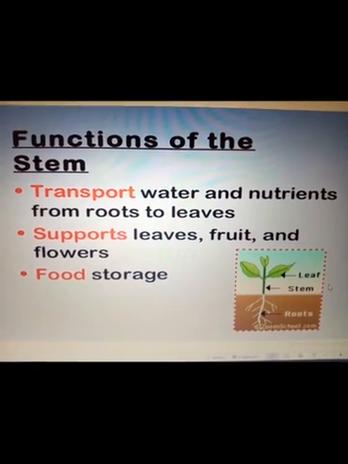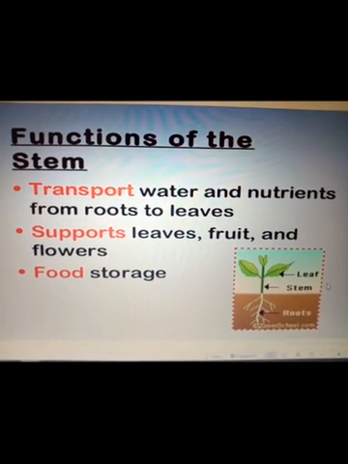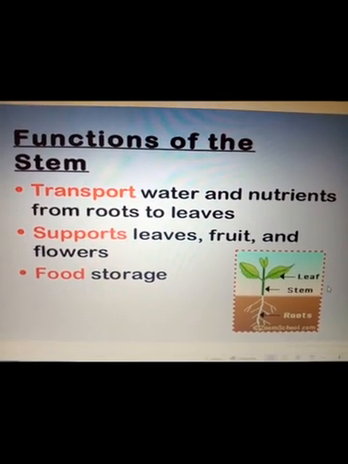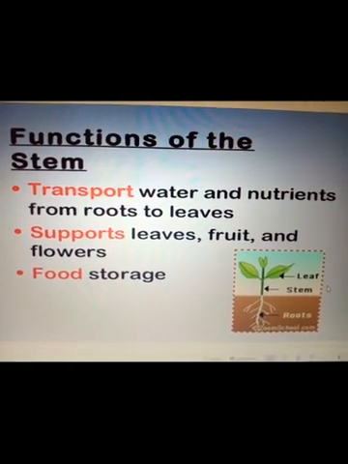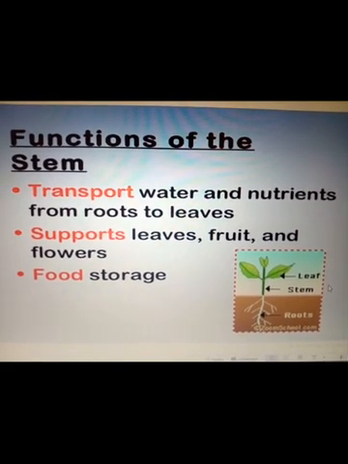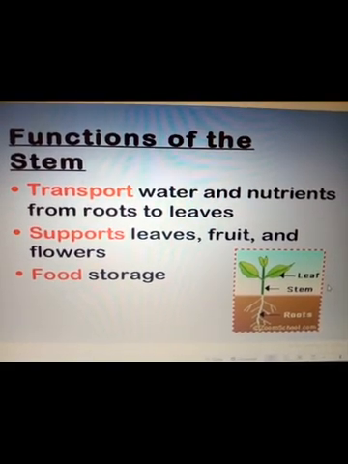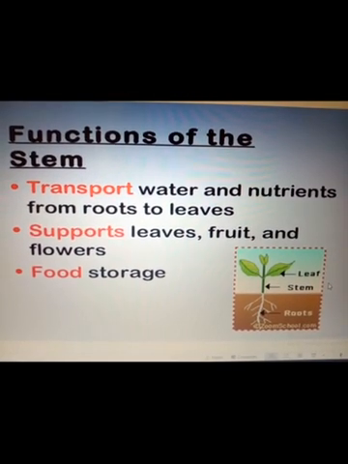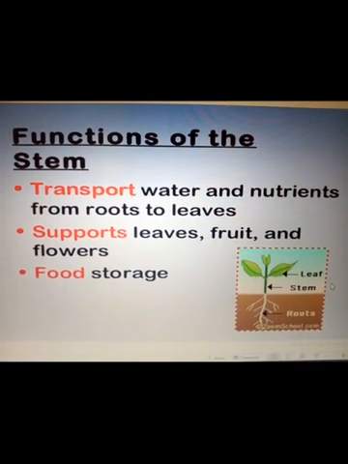Second, it supports leaves, fruit and flowers. That means it gives support to the plant. Third, food storage. It stores food. So these are the functions of stem. Some plants have soft stems and some plants have hard and thick stems.